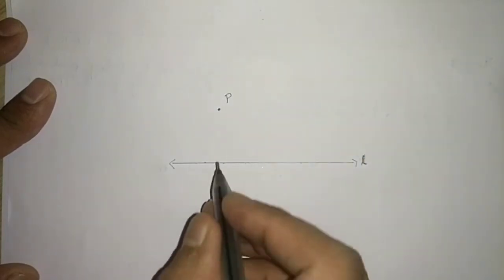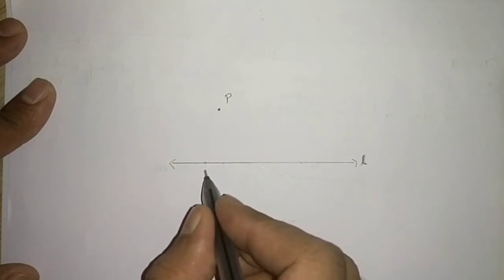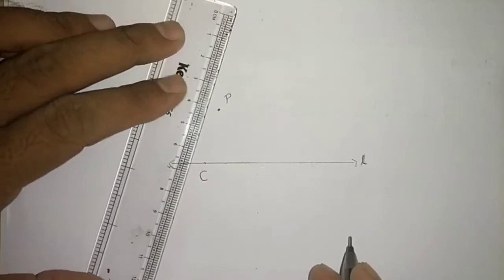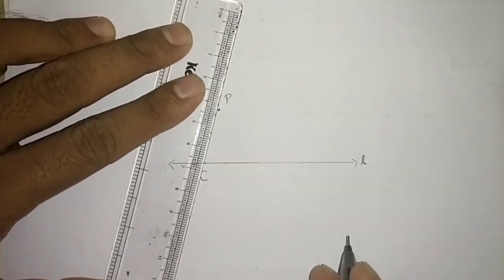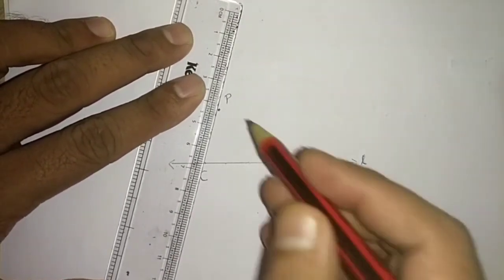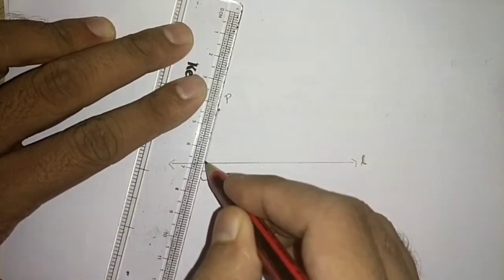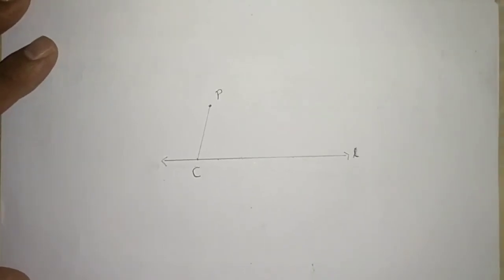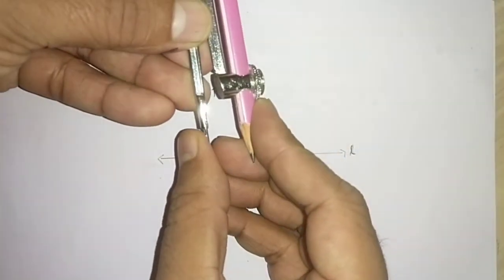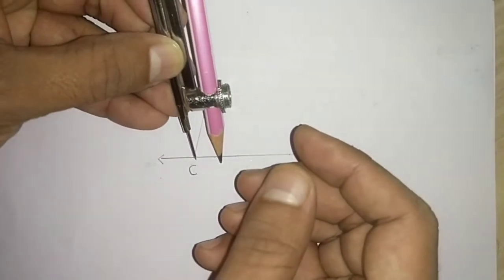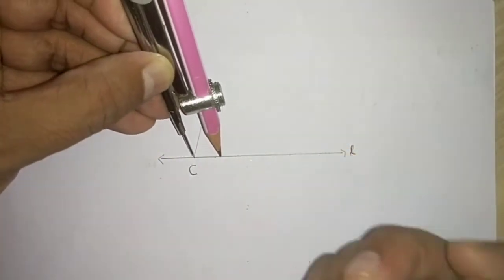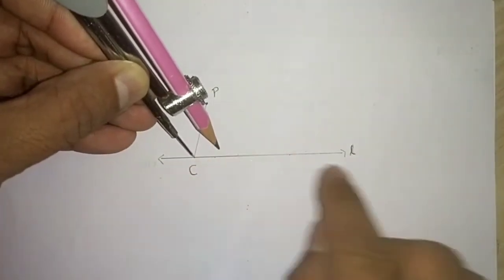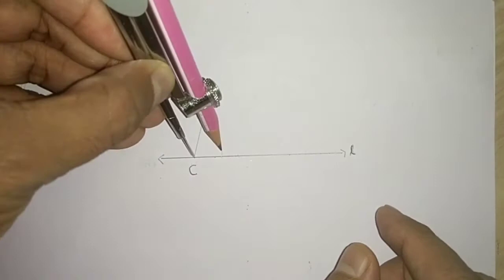So for that purpose, let me take one point C on line L and join PC. Now taking P as center and any radius, we are supposed to draw one arc which cuts L and PC.